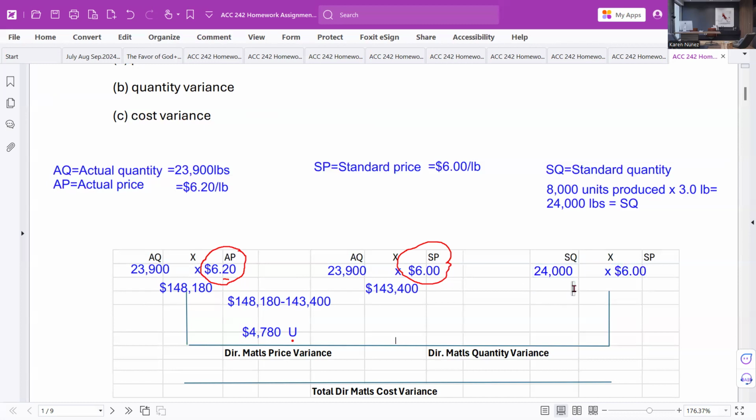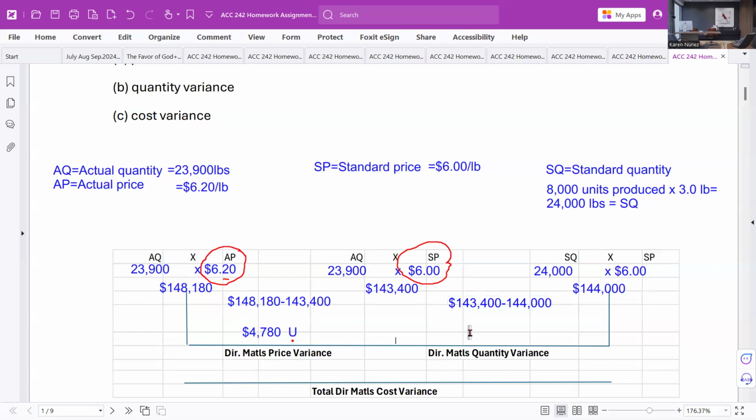So the standard quantity at standard price is 144,000. And when we calculate our quantity variance, well, it's the 143,400 minus the 144,000. And we've got a negative number.